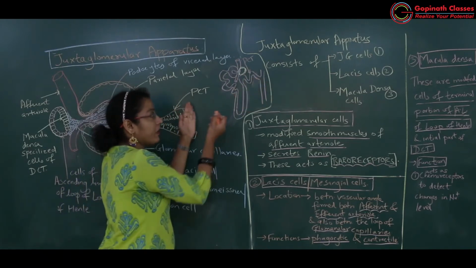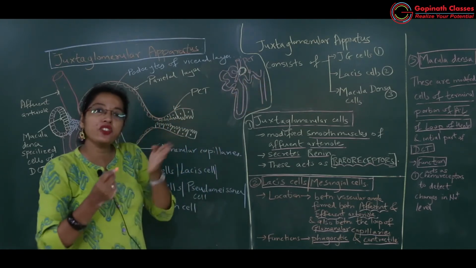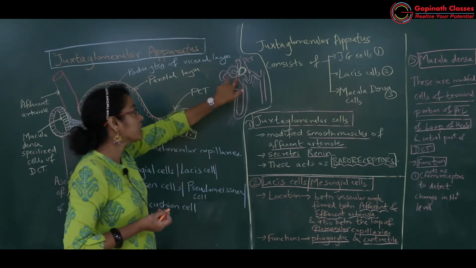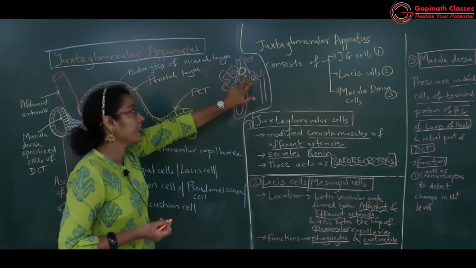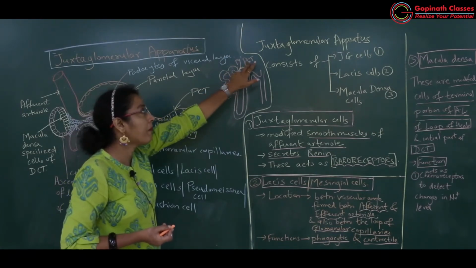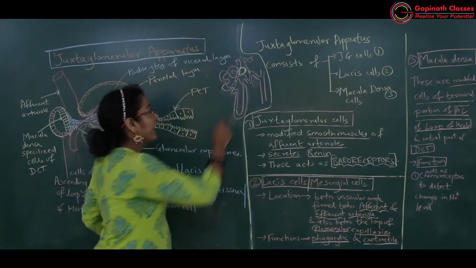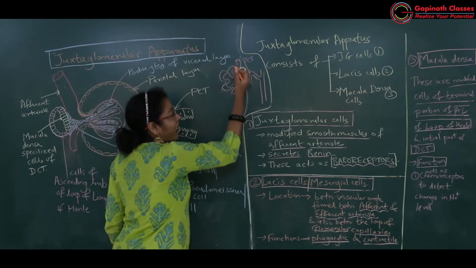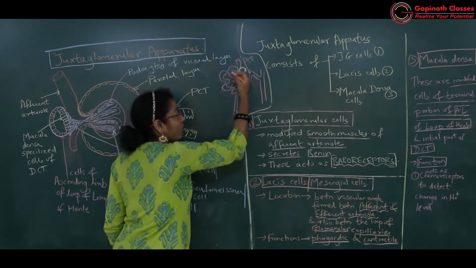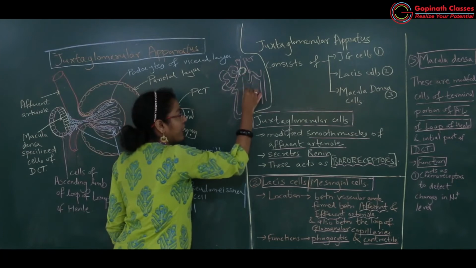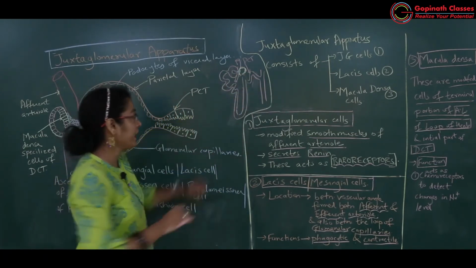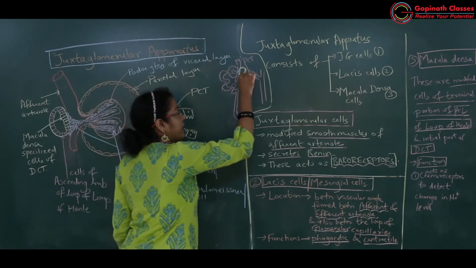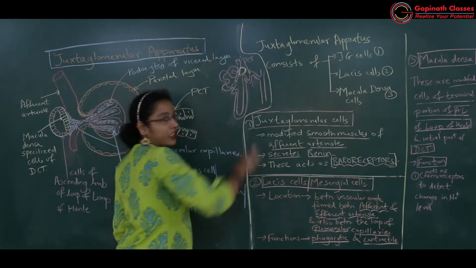Always remember, the nephron is arranged in the kidney in such a way that the afferent arteriole is in contact with some part of the DCT and the initial part of the ascending limb. Look at this: this is the ascending limb of the loop of Henle and this is the DCT.